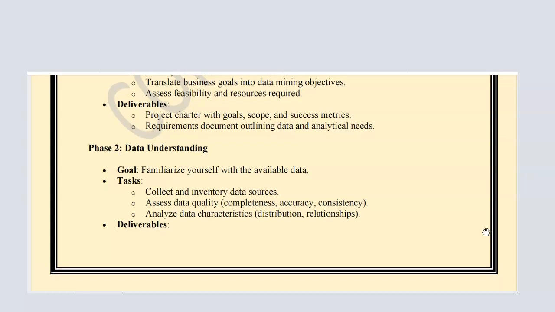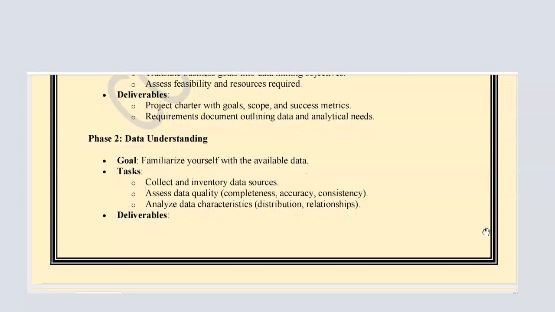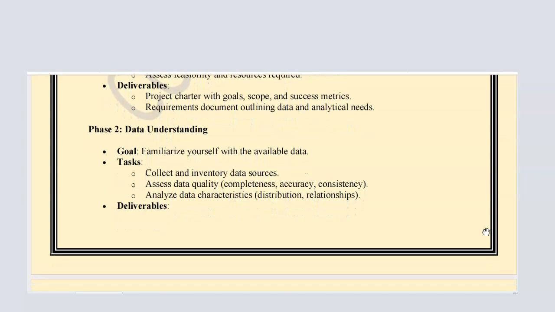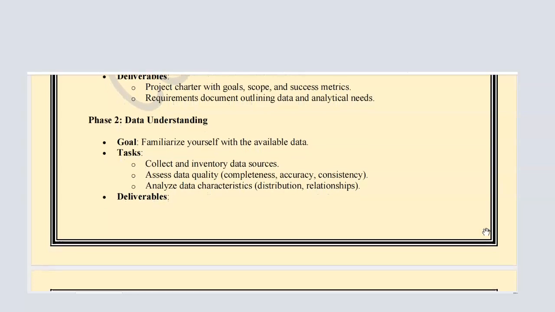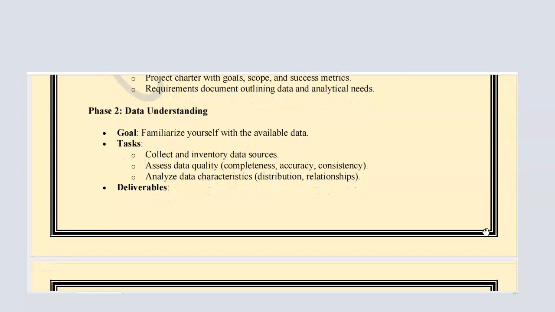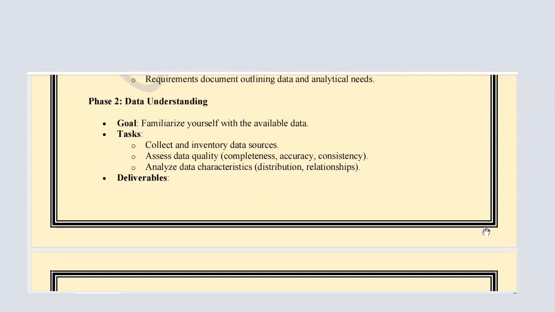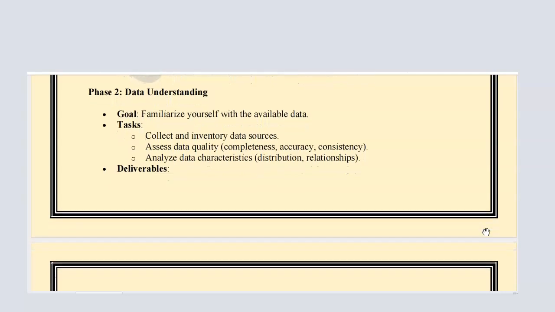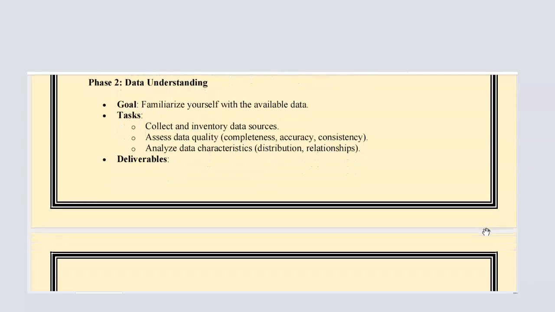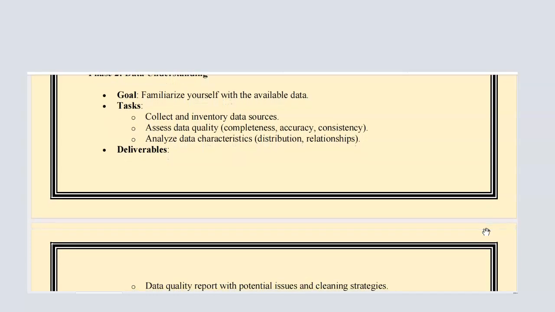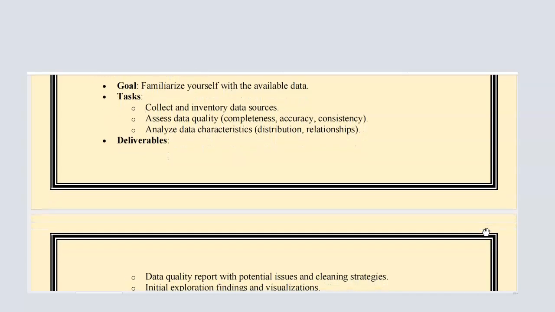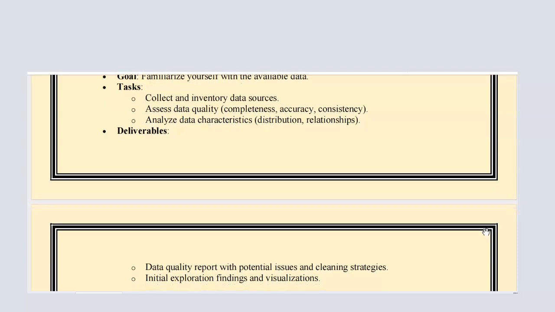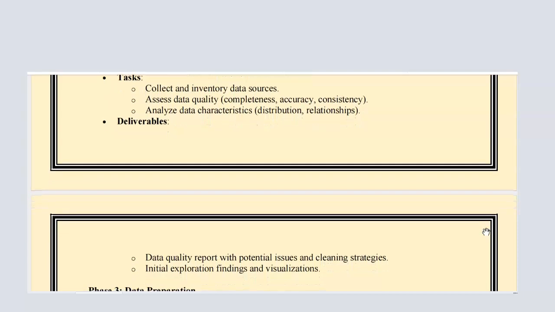The tasks you may take are to collect and inventory data sources and to assess data quality, which is completeness, accuracy, and consistency. And also you look at the description of the data characteristics, whereby it can be distributions, relationships, or comparisons.